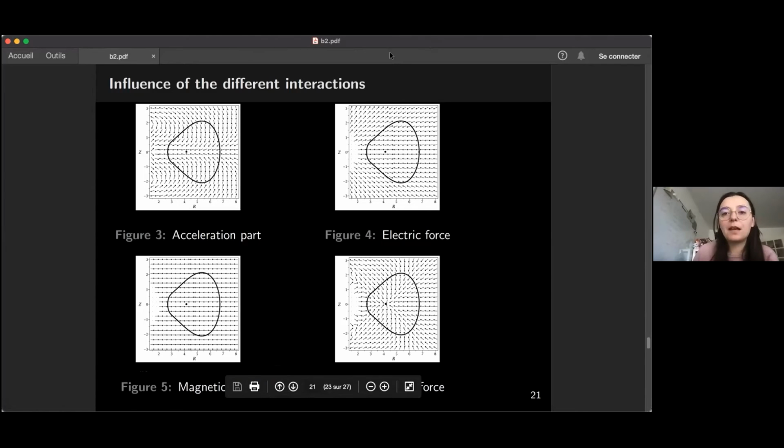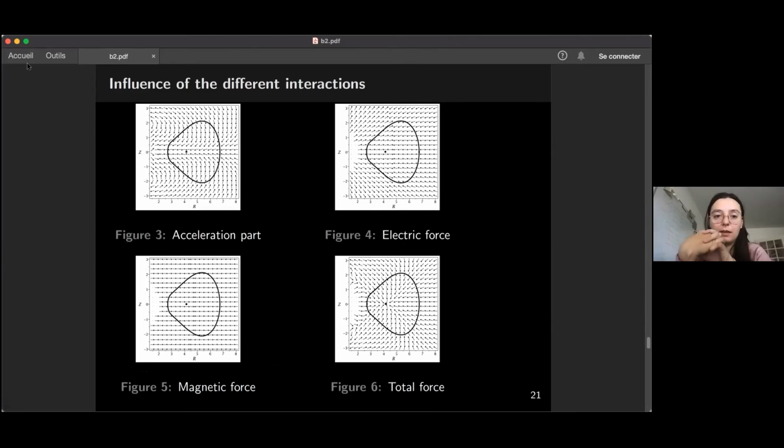We decided to have a look at how interactions are working together in the different solutions. So here we plot the different forces which are in the game in the solution where we have only a bound fluid structure. This is the acceleration part, the electric force, the magnetic force, and here it's the total force.